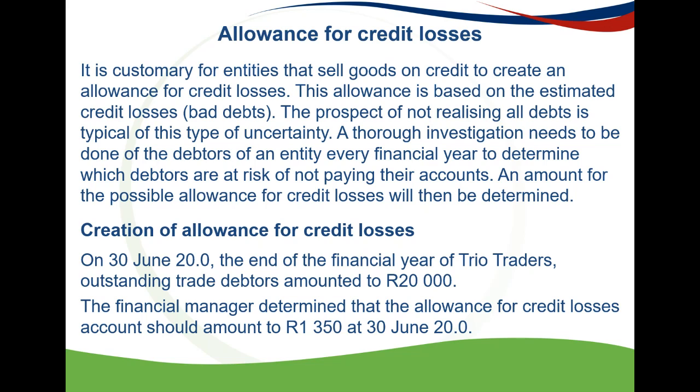But it's also provided here. So on 30 June 2020, the end of the financial year of Trio Traders, outstanding trade debtors amounted to 20,000 Rand. The financial manager determined that the allowance for credit losses account should amount to 1,350 at 30 June 2020.